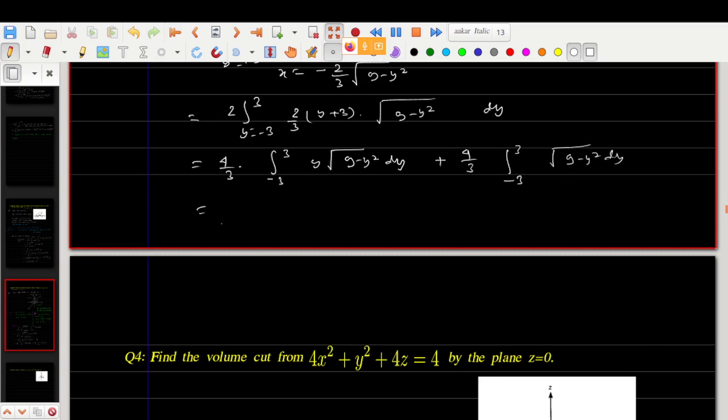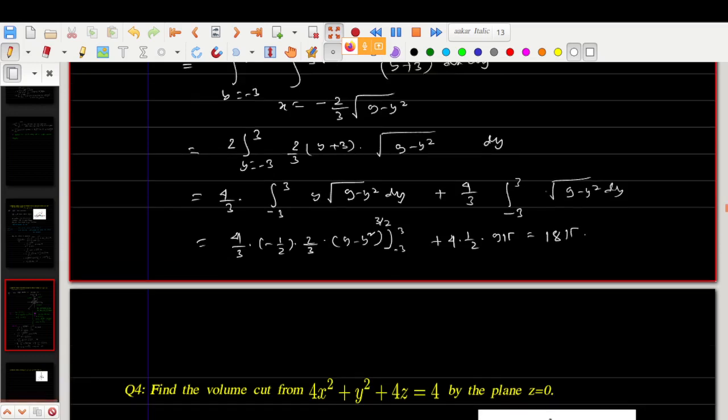Now proceeding in the same way, you will get 4 by 3 into minus half times 2 by 3 times 9 minus y square whole power 3 by 2 from minus 3 to 3, plus 4 by 3 into half into 9 pi, that turns out to be 8 pi.